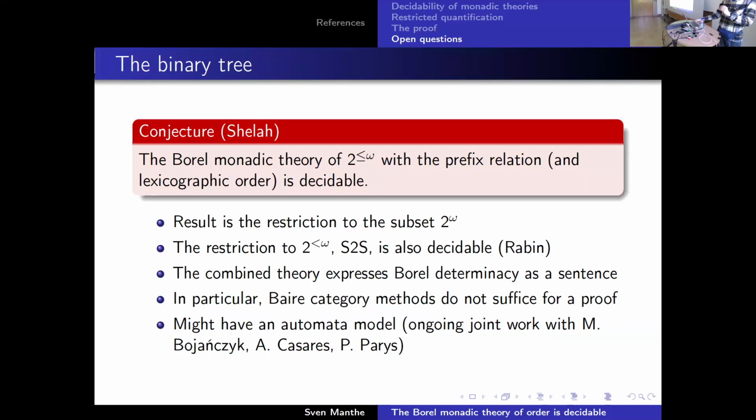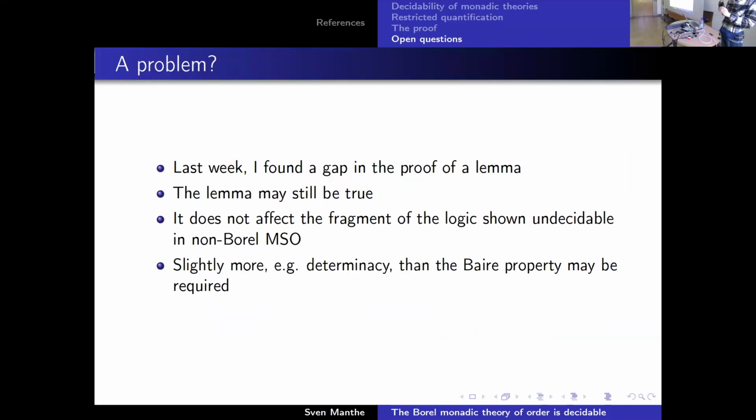Finally, I come to a slightly unfortunate thing I have to mention. Last week, I found a gap in the proof of a lemma for the decidability of the monadic theory of order. This does not seem to yield a counterexample to this lemma in any way, and even if this lemma were wrong, the fragment of the logic which causes the undecidability in the non-Borel case is not affected by this, so I'm still rather optimistic that this gap can be fixed, but I couldn't do it over the last week.